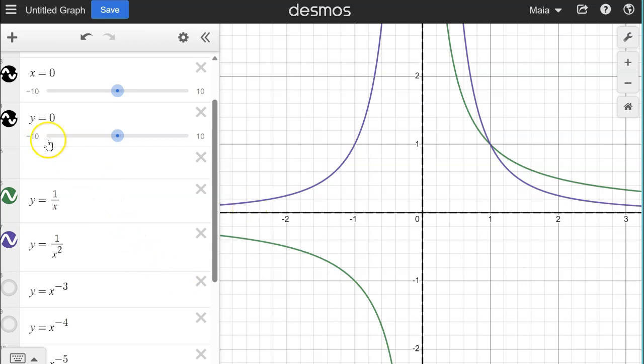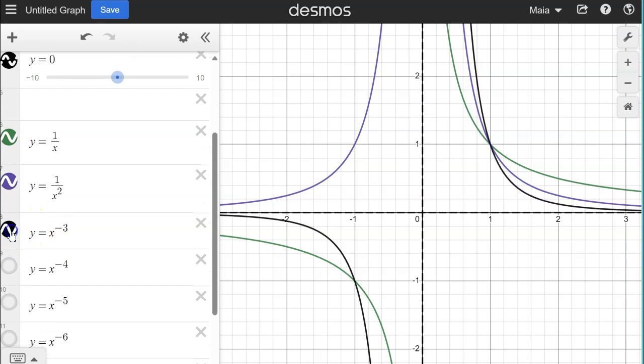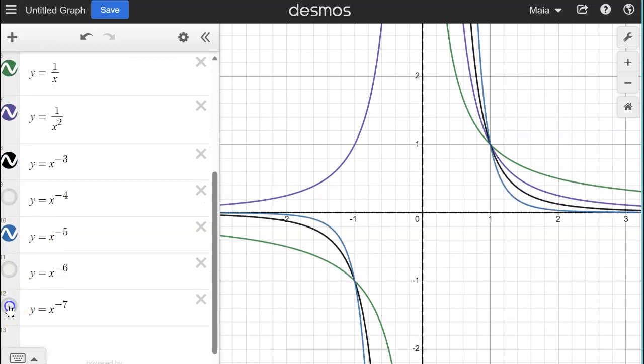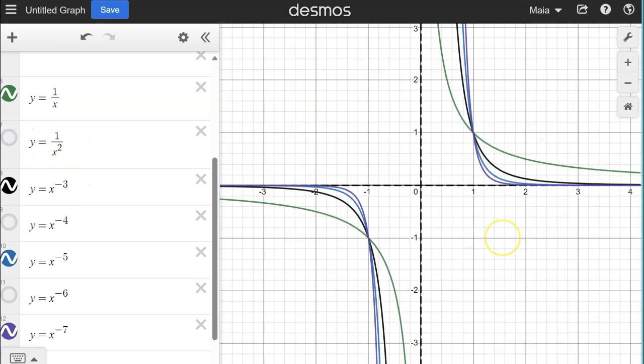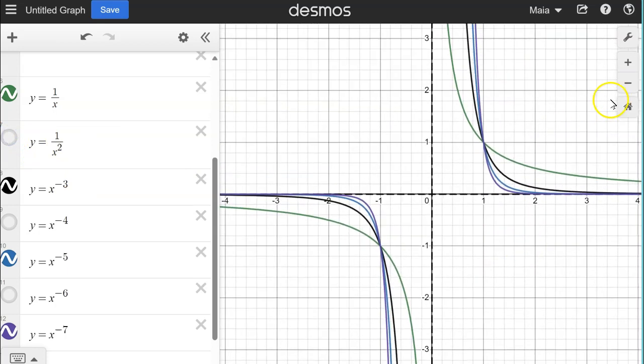Okay, so let's turn on the odd powers. Turn off squared. Okay, so notice that all the odd powers have sections in quadrant 1 and quadrant 3. They all again show the odd symmetry, so that's sort of interesting.